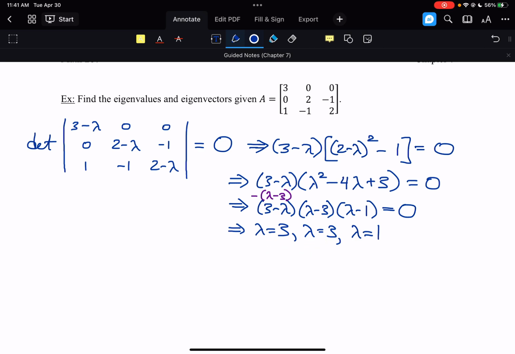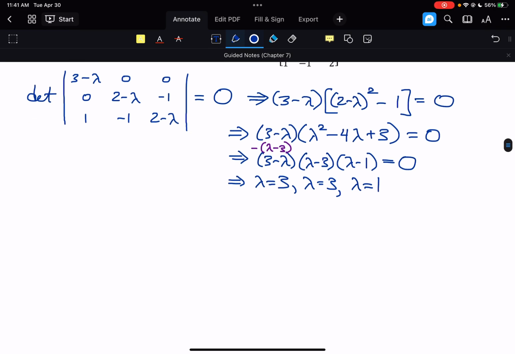It doesn't change how we solve for its eigenvectors. So let's start with that one. Let's start with lambda equals 3. So we're doing the null space of A minus 3I. So we're going to subtract off 3 from the main diagonal.